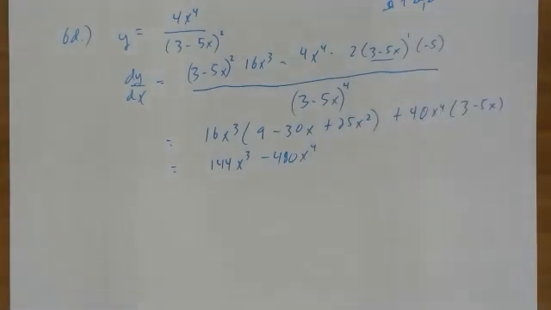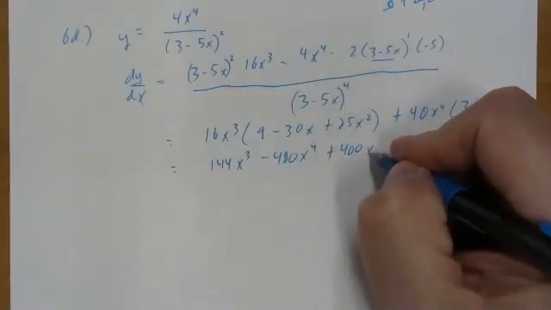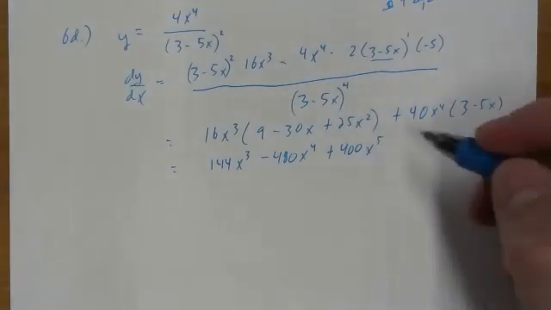And then 16x cubed times 25x squared, plus 400x to the fifth.